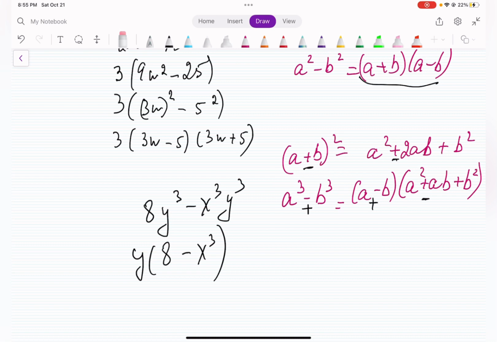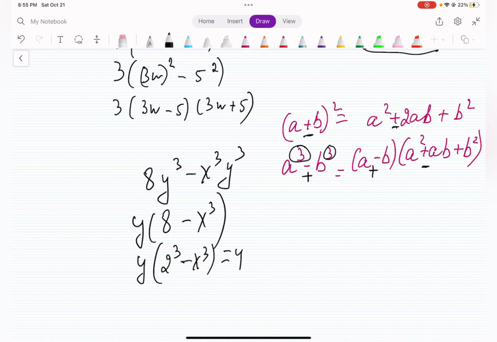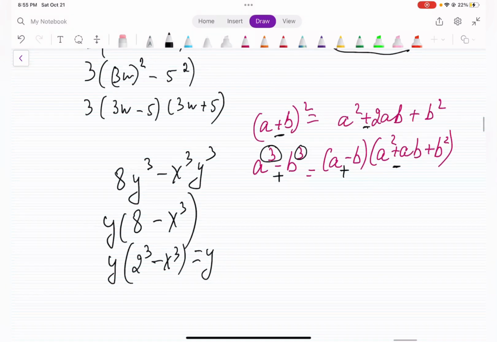Let's simplify, we solve if it's an equation. So I'm going to write down y. 8 I can represent as 2 cubed because I need now a difference of cubes, and minus x cubed. So that is going to be equal y stays forever there.